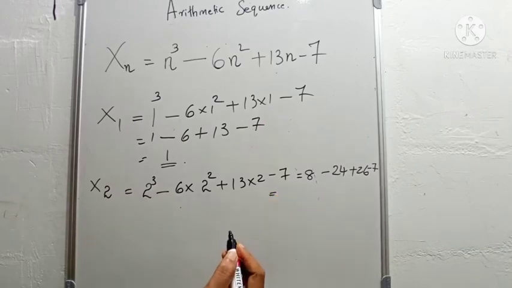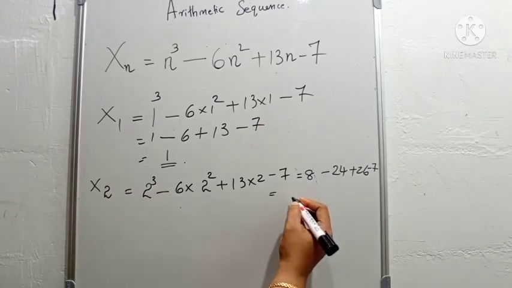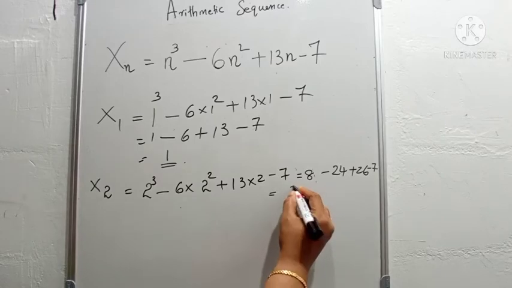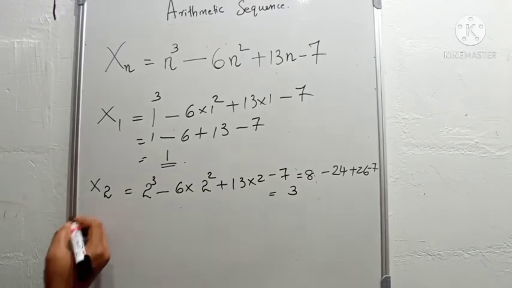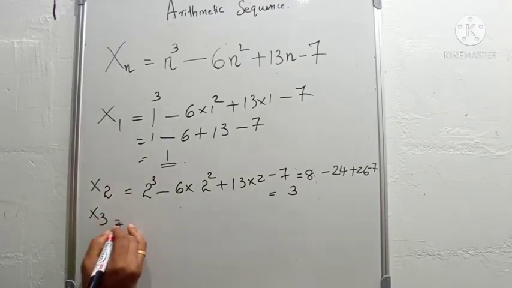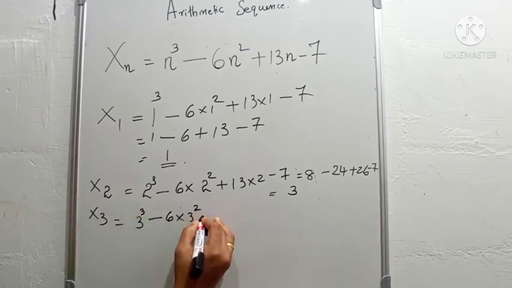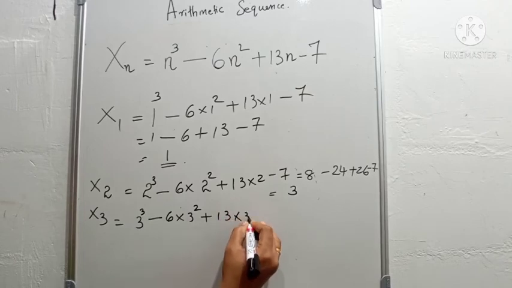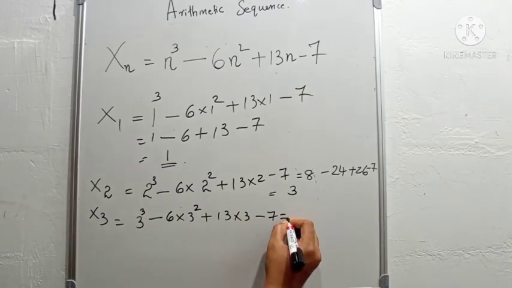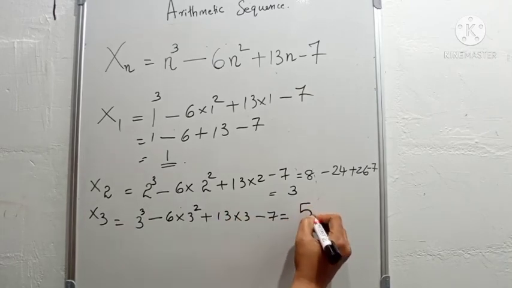That is equal to 3. Then next is x3, that is 3 cube minus 6 into 3 square plus 13 into 3 minus 7, and that is equal to 5.